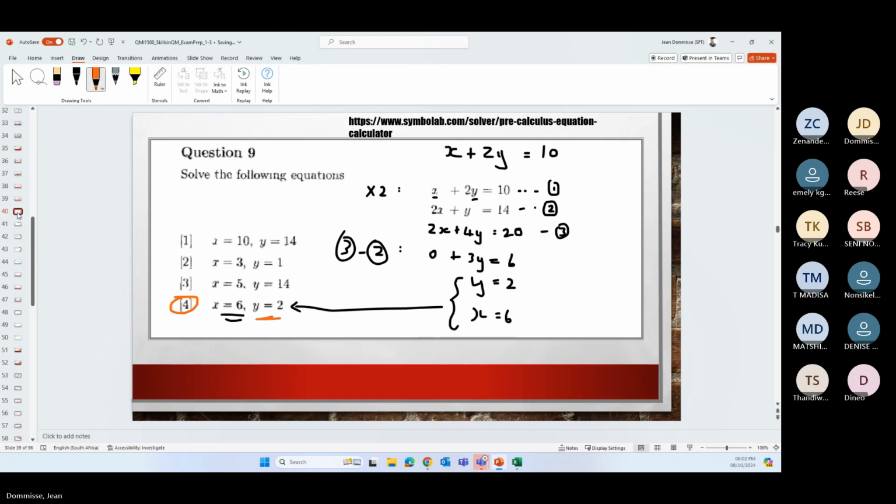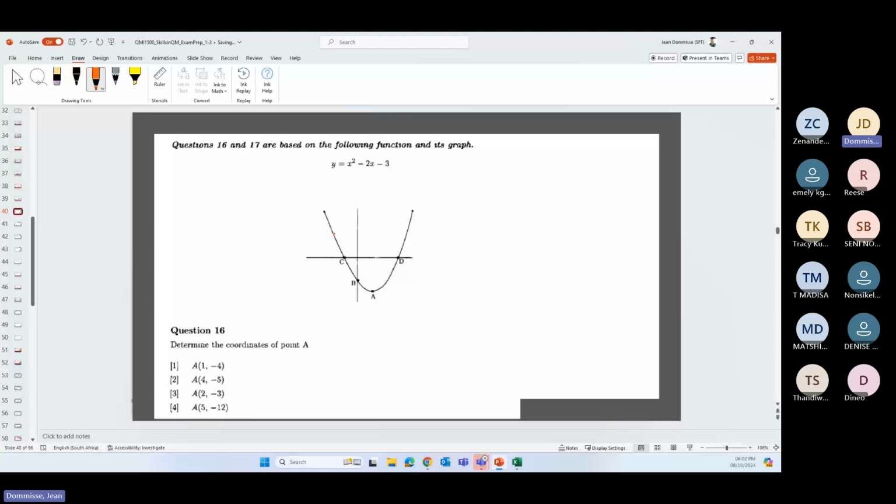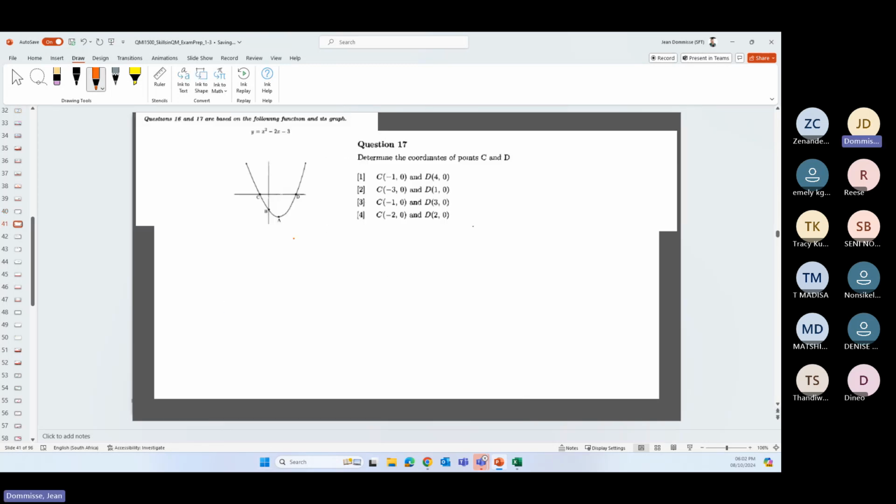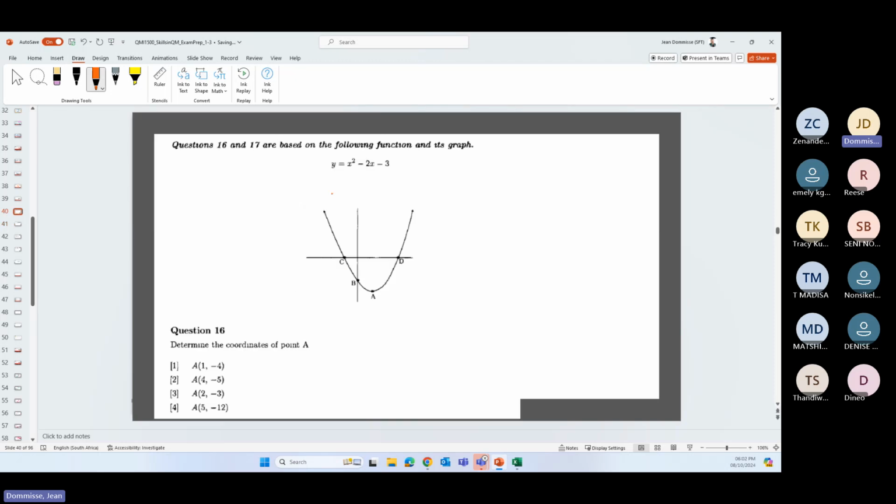So then we move on a bit from linear equations to quadratic equations. And this is also one of those that, let's see what they ask. There are two questions based on this. But let's see.